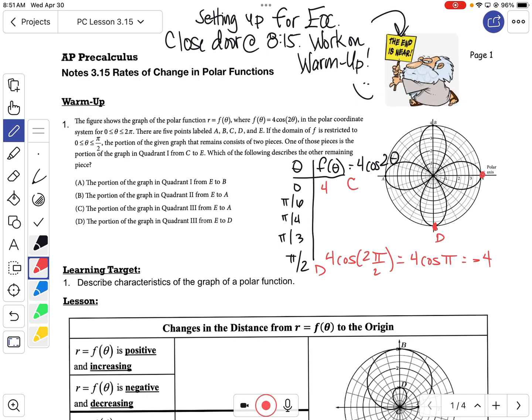So now we're just going to try to fill in the other values to figure out where I would go, okay? So let's do pi over 6. If I do 4 times the cosine of 2 times pi over 6, that would just be 4 times the cosine at pi over 3, okay? And what is the cosine at pi over 3?